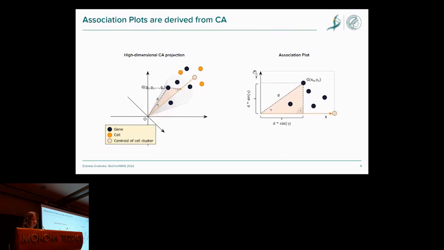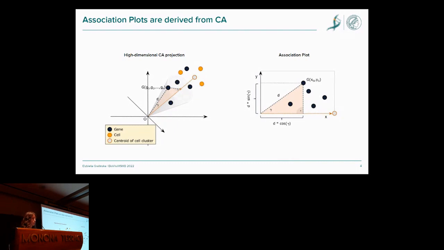Namely, if we would be interested in finding genes which are specific for this orange cluster of cells, we would have to find the centroid of this cluster, and then we can draw a vector from the origin of the space towards this centroid of the cluster. And then we project the genes onto this vector.